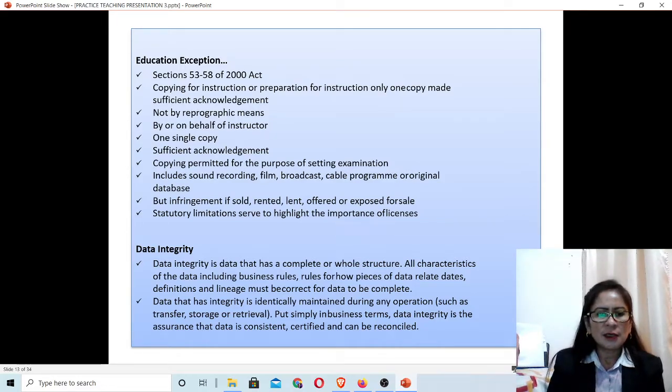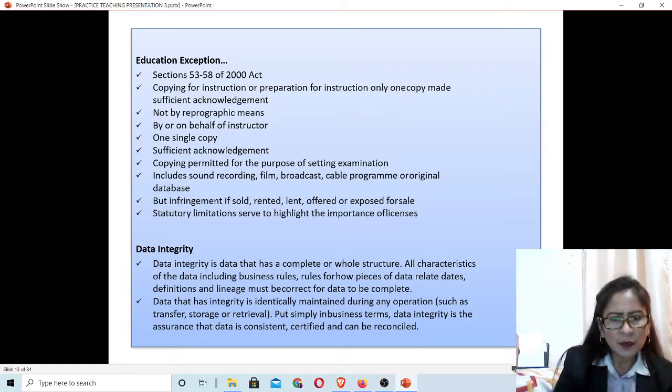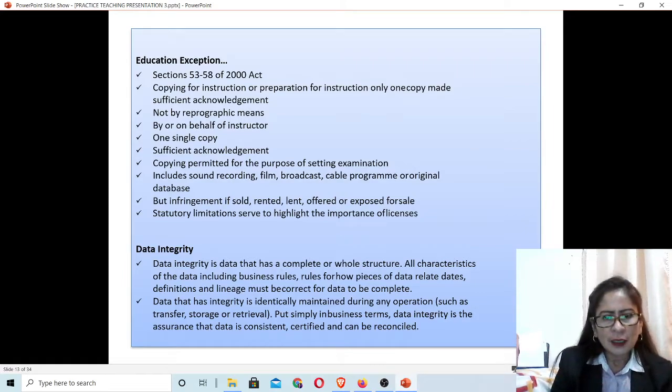Data integrity. Data integrity is data that is complete or whole, with all characteristics of the data, including business rules for how pieces of data relate, dates, or definitions, and lineage, being correct for data to be complete.